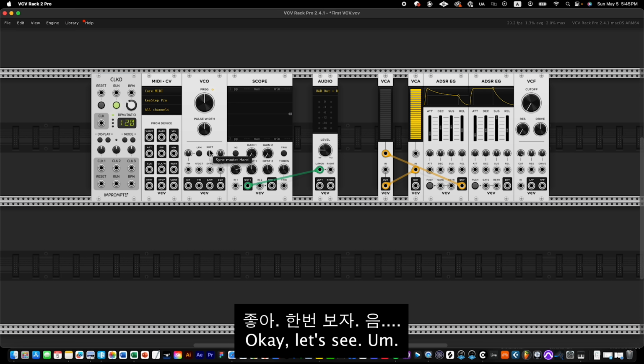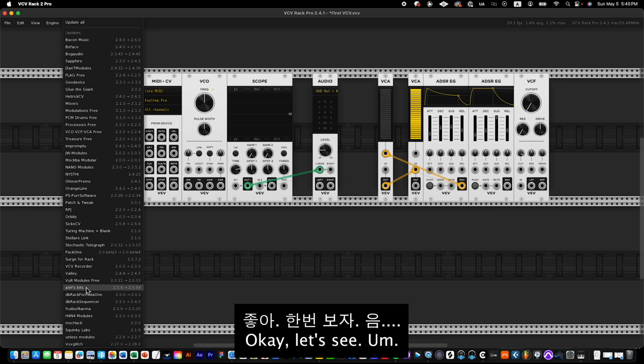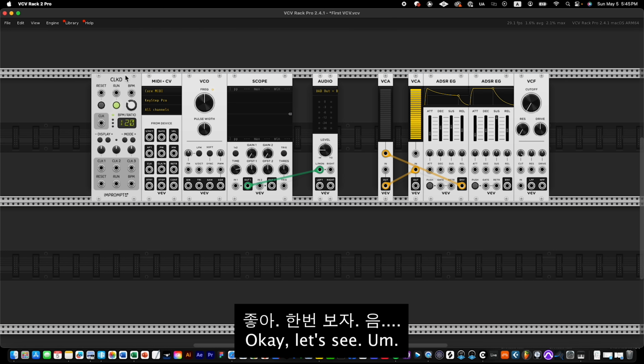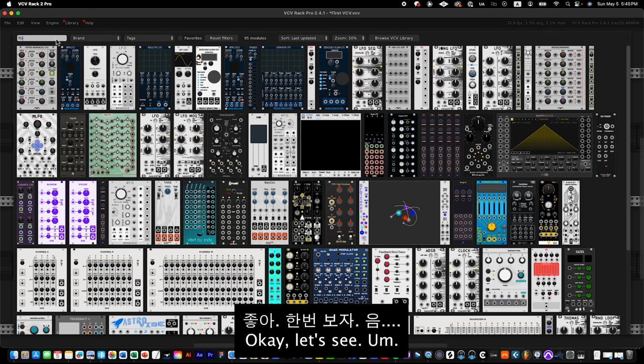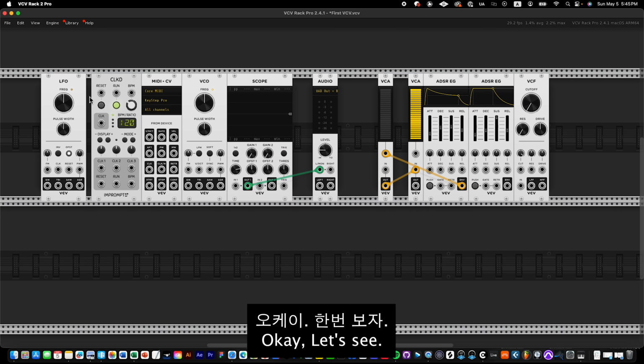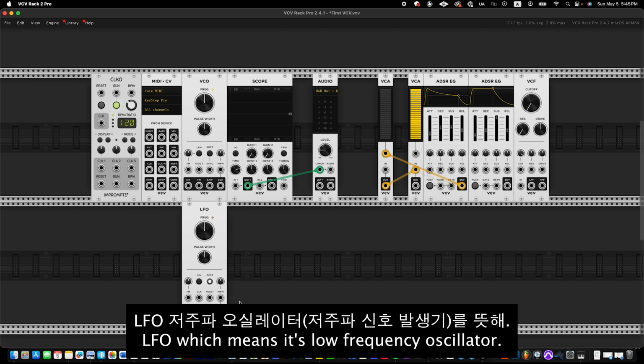Okay, let's see. LFO means low frequency oscillator.